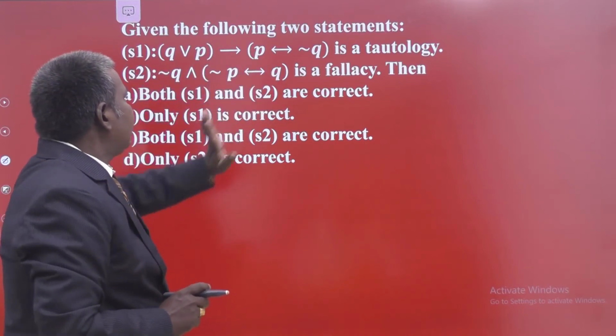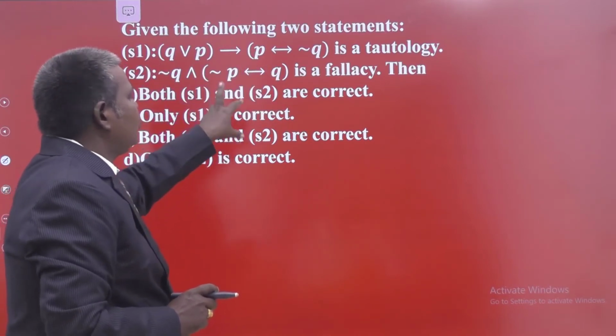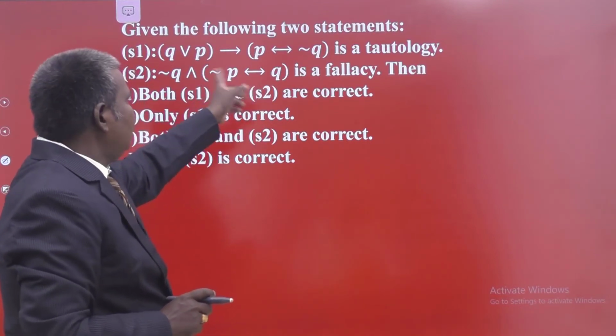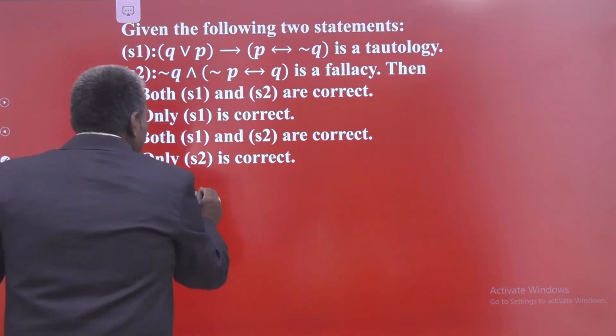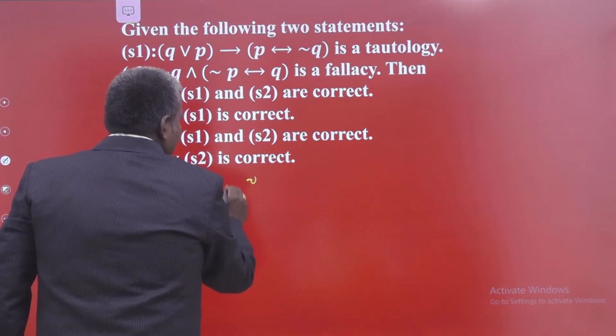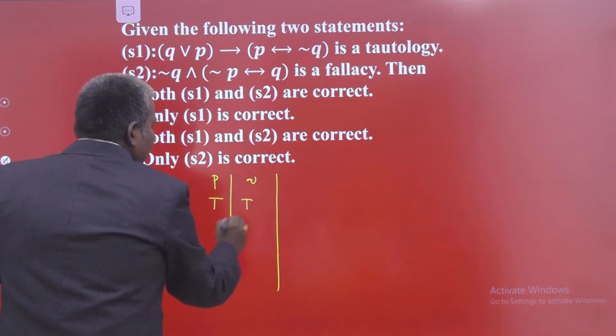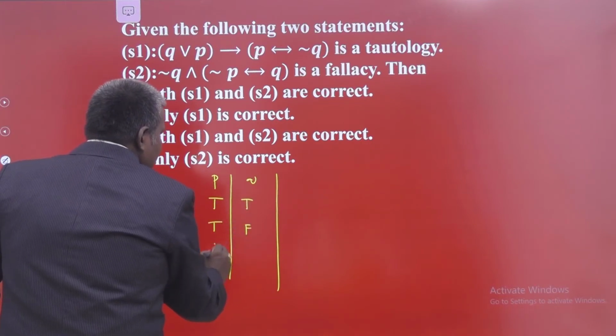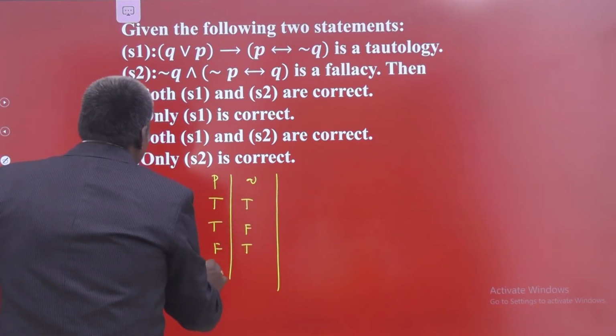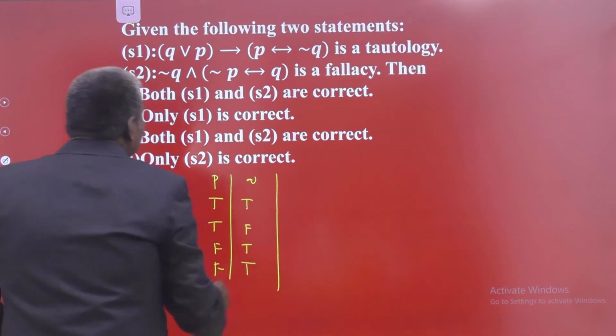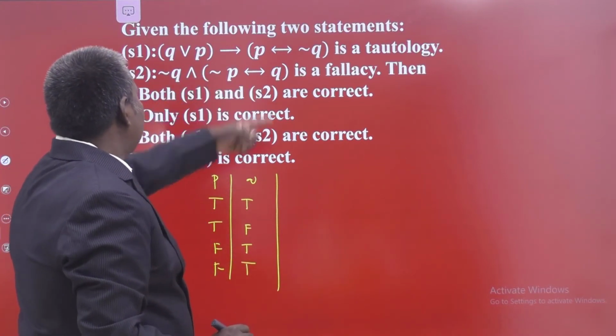You may take the truth table or you may take the properties. Suppose P, Q are like that. What are the possibilities for P, Q? True-true, true-false, false-true, false-false. So I am going to check the first statement.